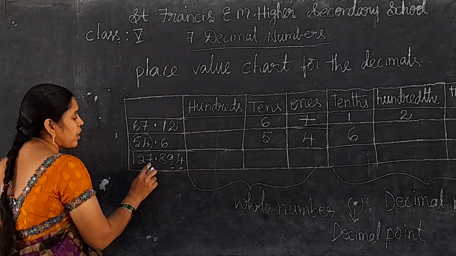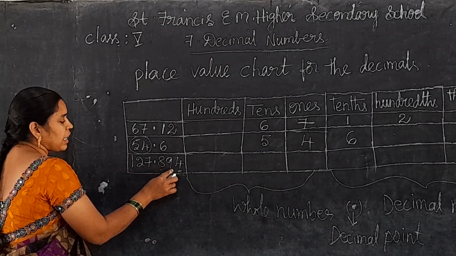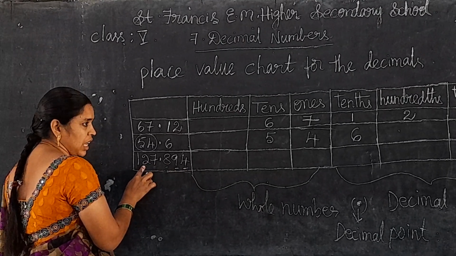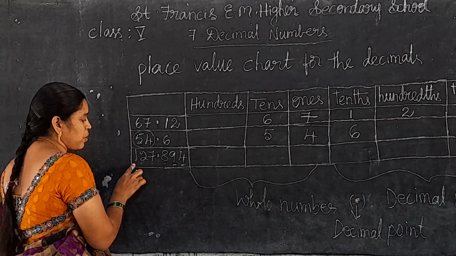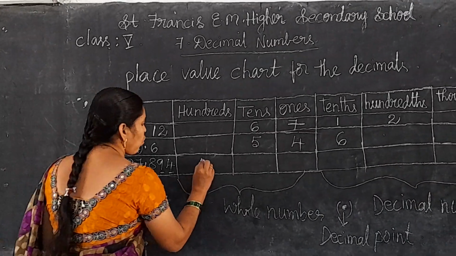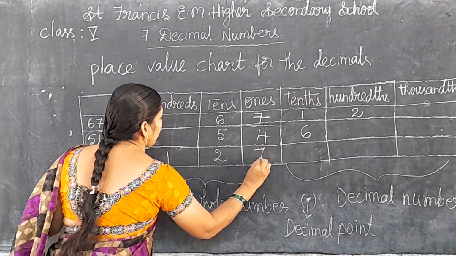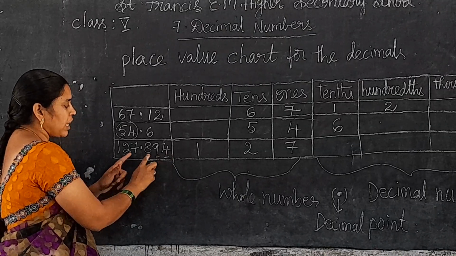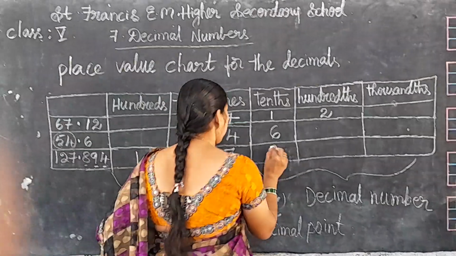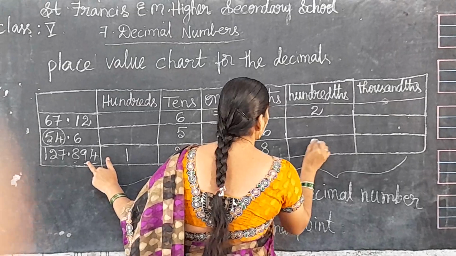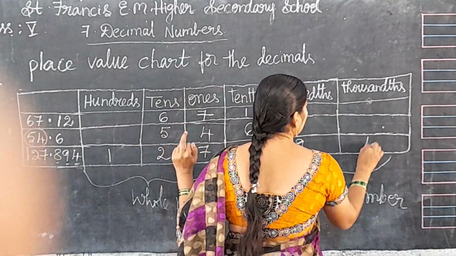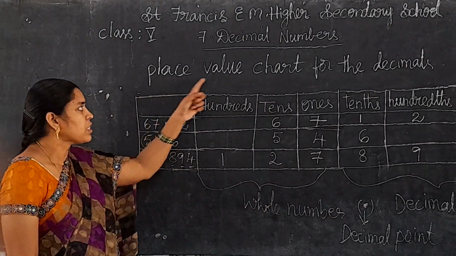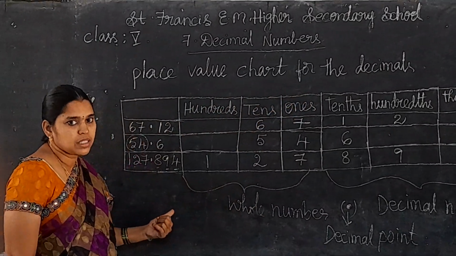So in 127.894, 7 is in the ones place, 2 is in the tens place, 1 is in the hundreds place. See 1, 2, 7. Point, 894: 8 in the tenths place, 9 in the hundredths place, and 4 in the thousandths place. Like this you have to write the place value chart for the decimals. Is it clear?